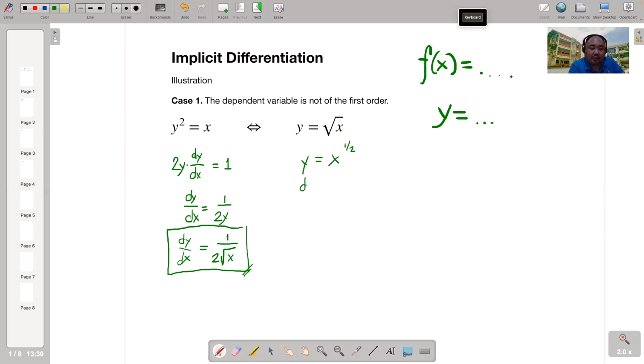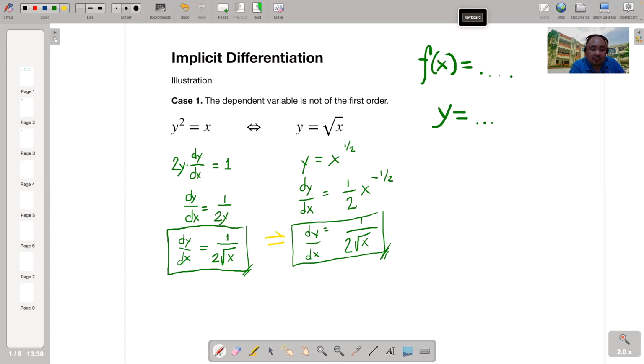So the derivative dy/dx is equal to 1/2 x raised to negative 1/2, or 1 all over 2, and x raised to 1/2 is square root of x. But take a look at the results. Whether we did implicit differentiation or the usual differentiation process that we know, the results are the same.